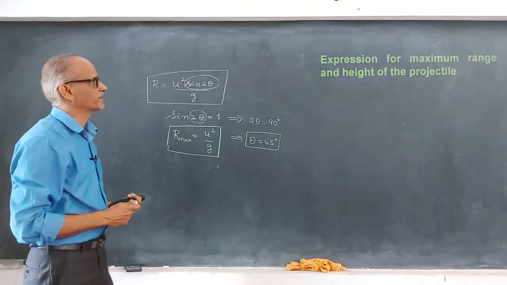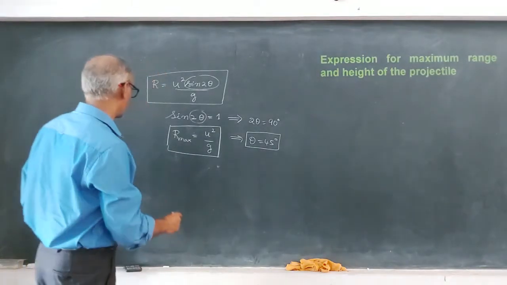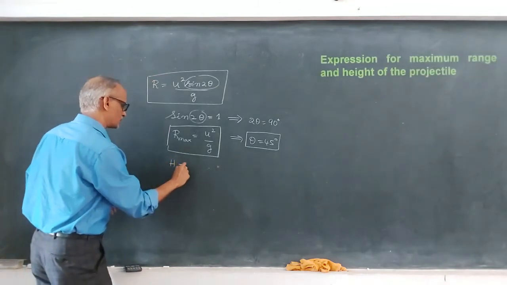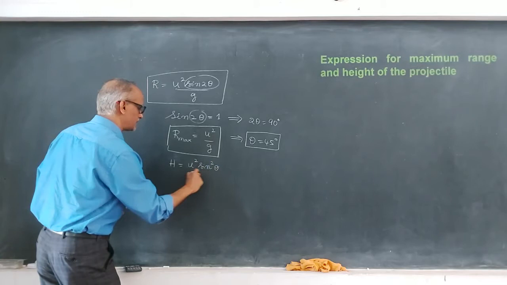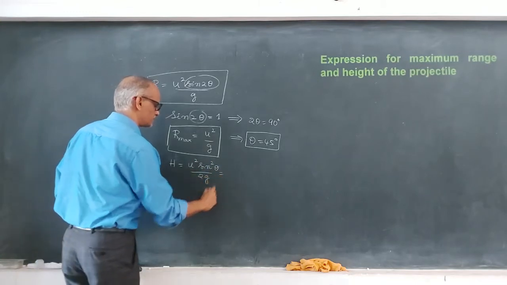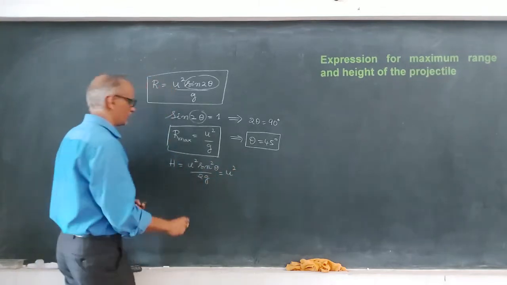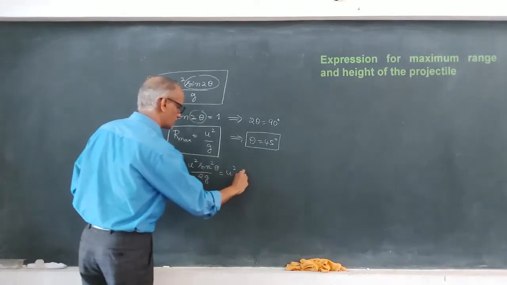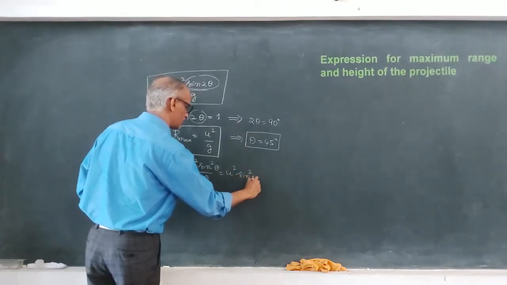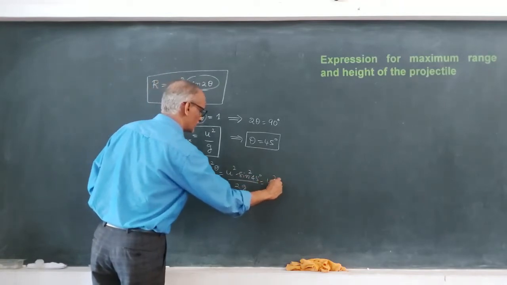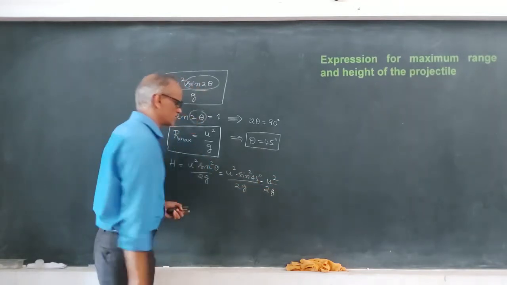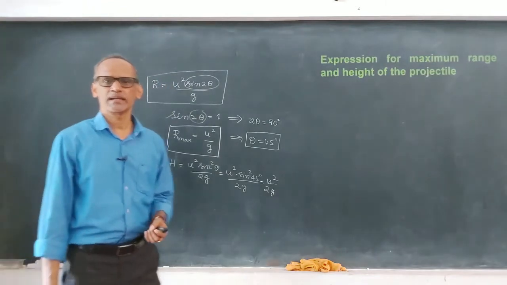Expression for maximum range and height of the projectile. The expression for height h is equal to u square sine square theta by 2g. So when theta is 45 degree, it is u square sine square 45 degree divided by 2g. See the value of sine 45 from the standard angles.